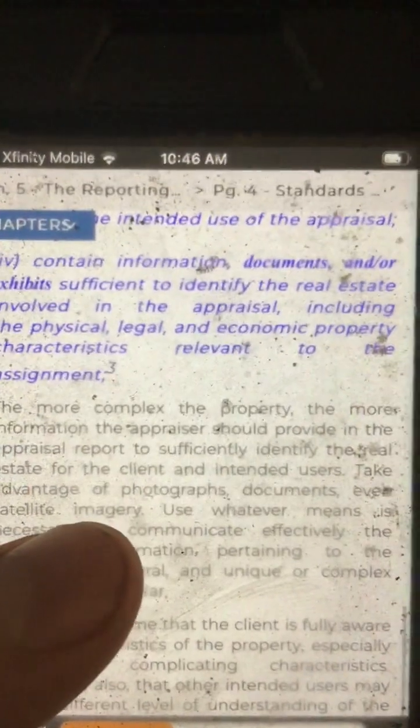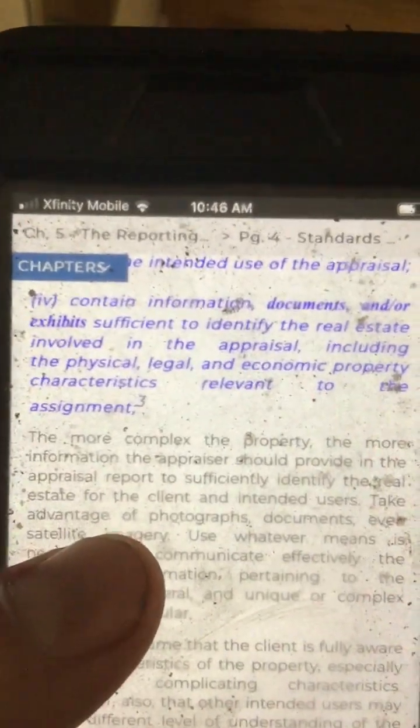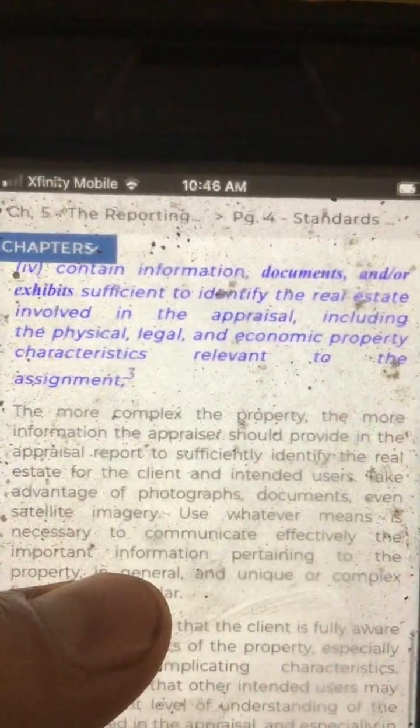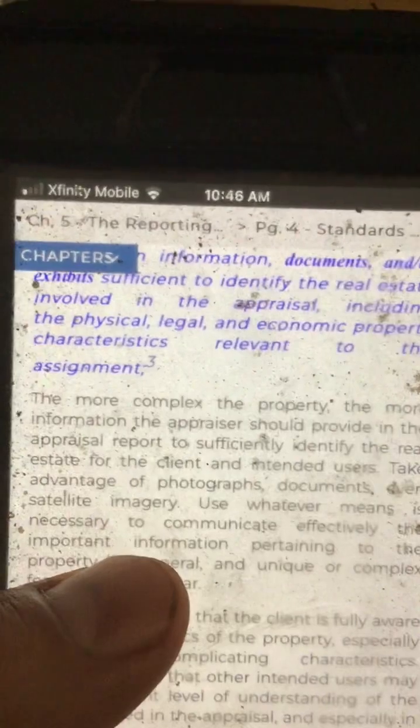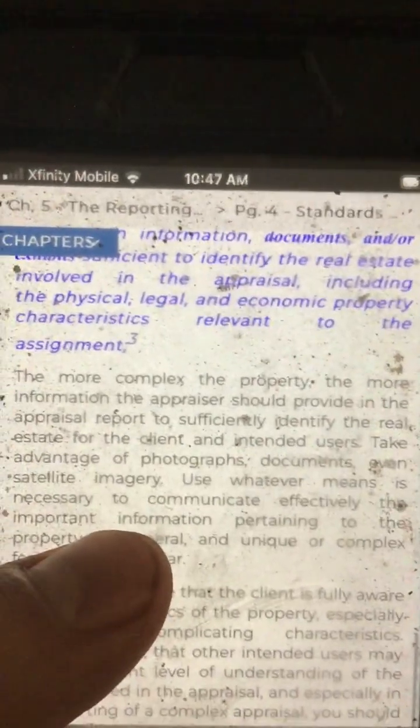State the intended use of the appraisal. 4. Contain information, documents, and/or exhibits sufficient to identify the real estate involved in the appraisal, including the physical, legal, and economic property characteristics relevant to the assignment.